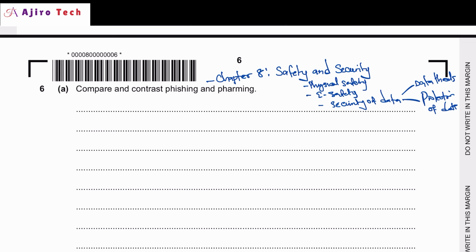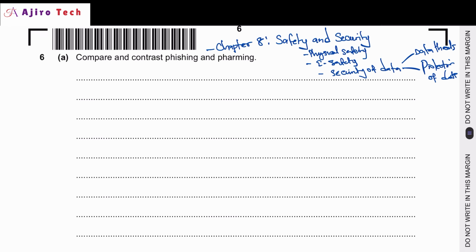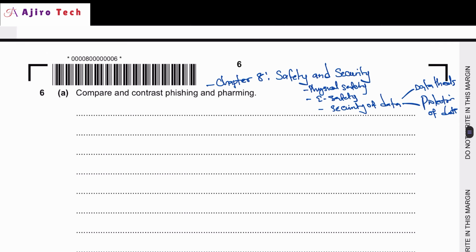Command words for compare and construct. Compare talks about the similarities; sometimes it can also be the differences. But construct talks about identifying the differences or commenting on the differences.